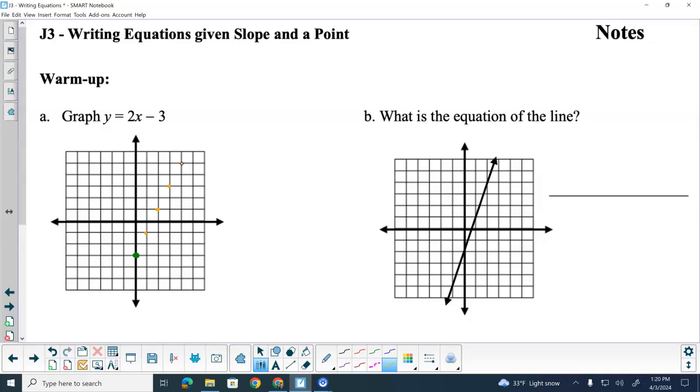Up 2, right 1 was your first one. Down 2, left 1. There you go. You went opposite on one, but not opposite on the other. So down 2 and left 1 would be my other choice. Then we can draw in that line.